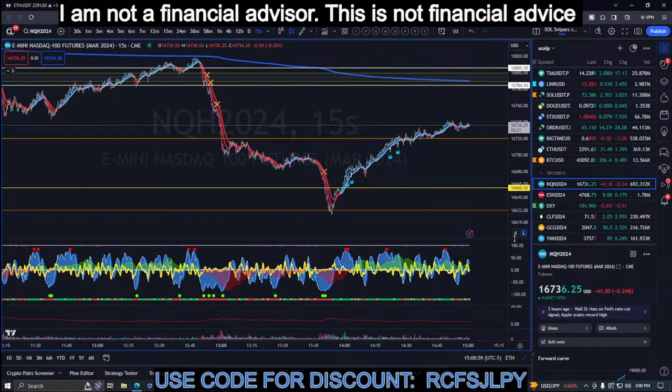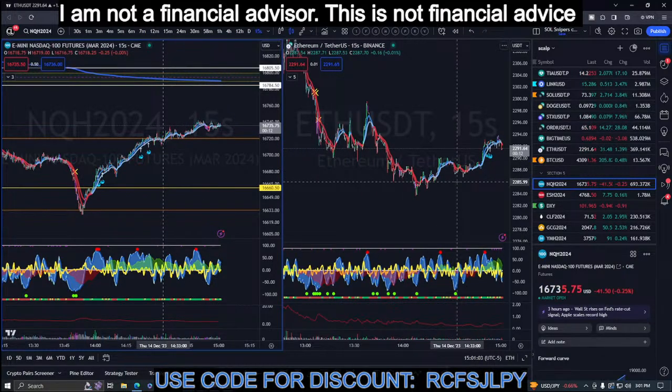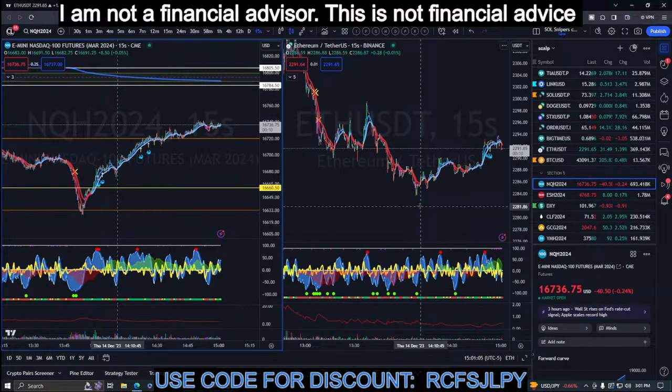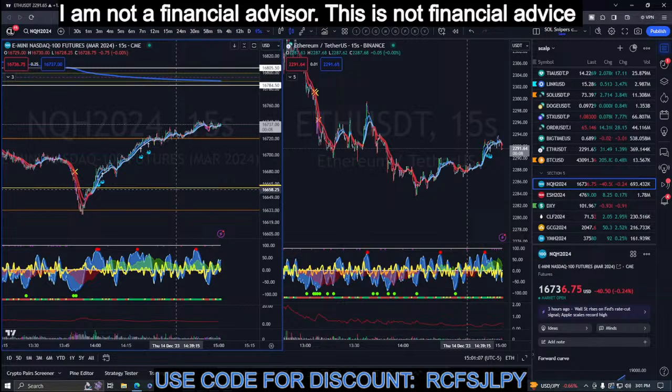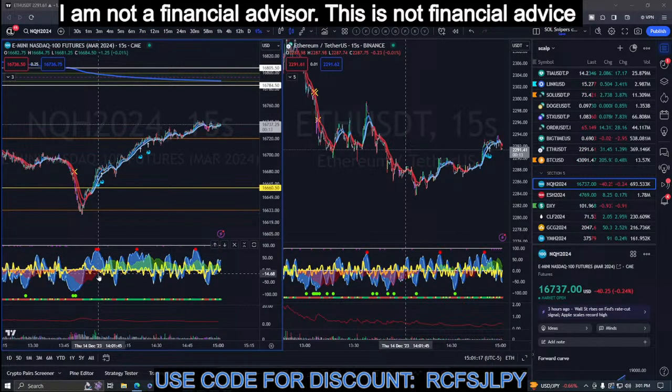I also have crypto, if anybody's interested, to the right of this. And my edge, what I'm going to go over real simple: I'm using the money flow indicator as a stupid little edge in a super low time frame. Catch that green. And then these two EMAs when they cross over.